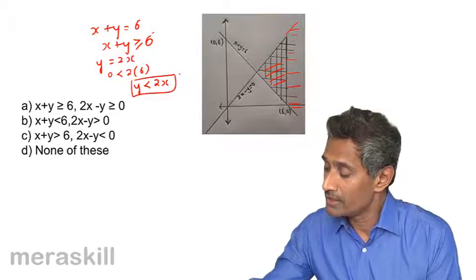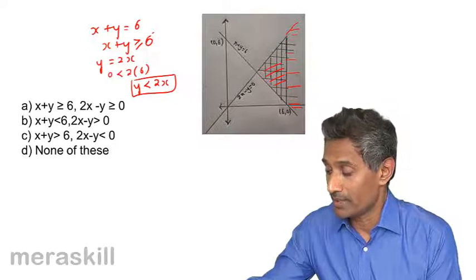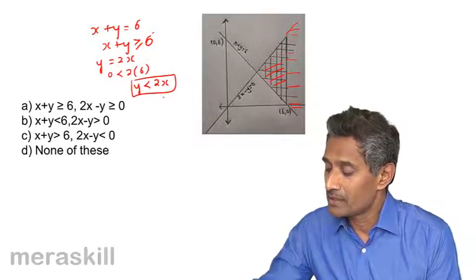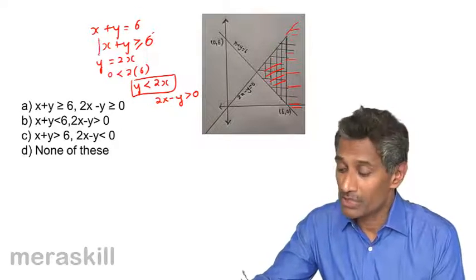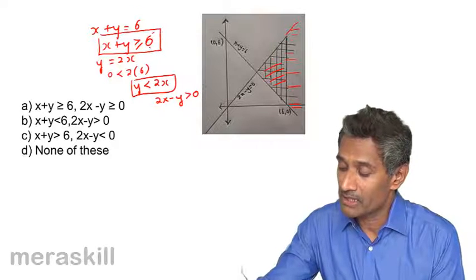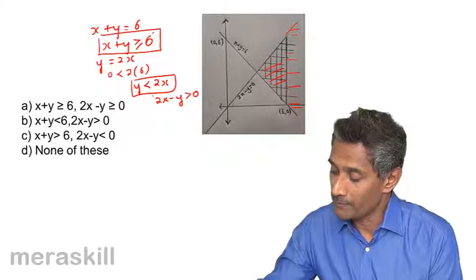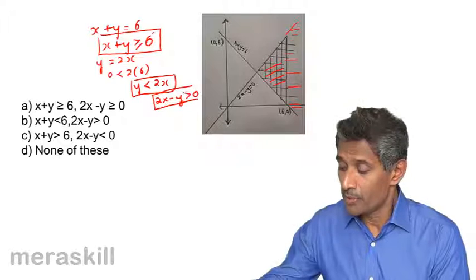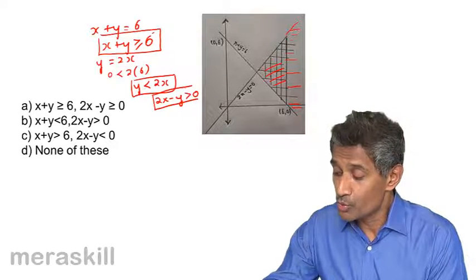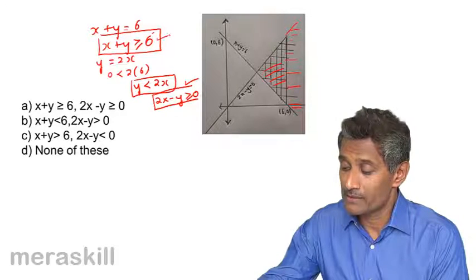So this particular entire region is y less than 2x, which means that 2x minus y is greater than 0. So we have a combination of 2x minus y greater than or equal to 0 and x plus y is greater than or equal to 6.